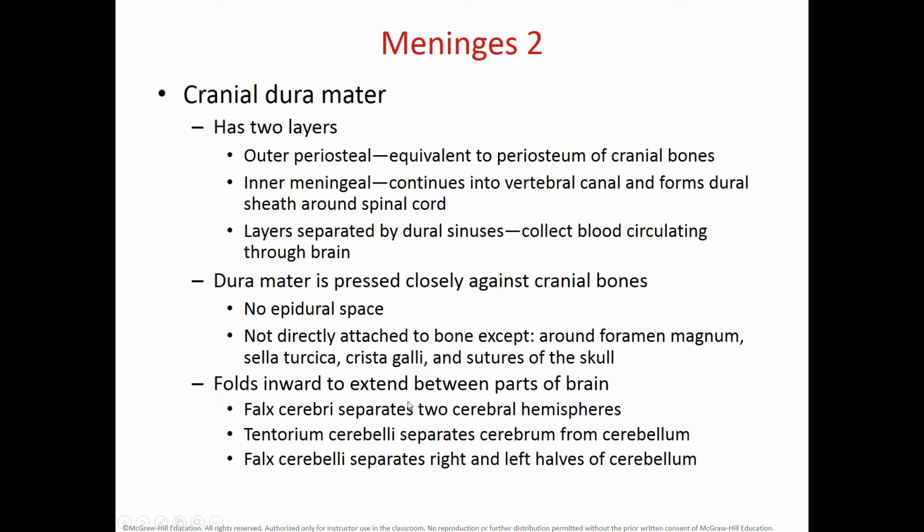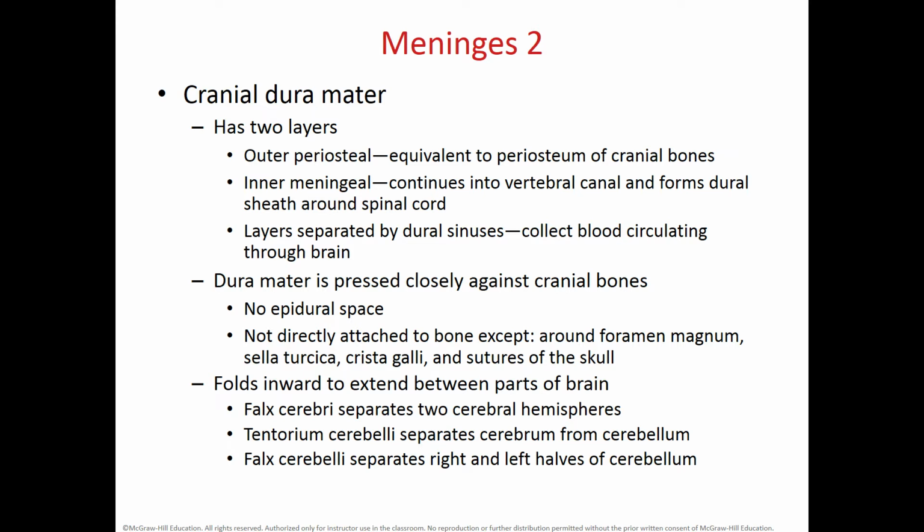Now, since the dura mater is in close contact with the cranial bones, we don't have an epidural space within the brain. And then this dura mater doesn't have a direct attachment to the brain except around the foramen magnum, in the sella turcica, in this upper protrusion of the ethmoid that we call the crista galli, and at the sutures of the skull.